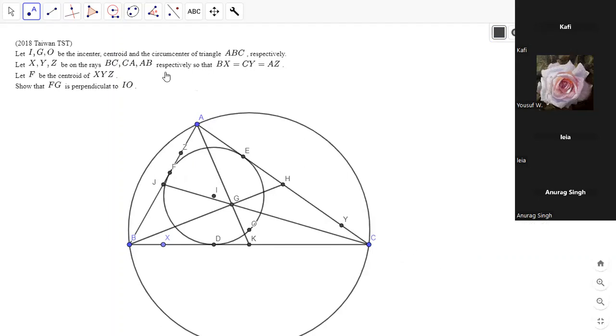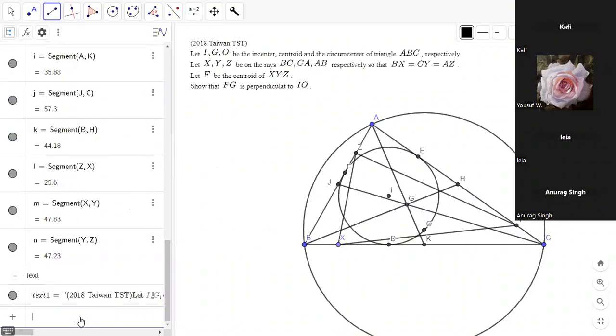And F is the centroid of XYZ. Okay, so now I should probably use that tool. So we have triangle XYZ, and it is triangle center 2, right?